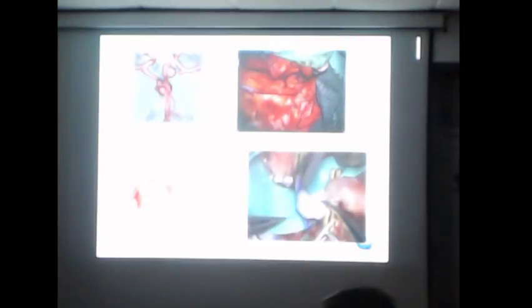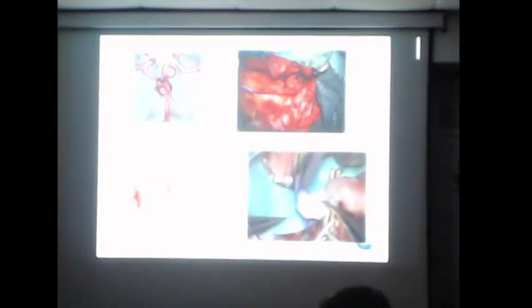And CT angiography showed the left side A1 is a kind of azygos artery supplying both right A2 and left A2, and right A1 only supplies the callosomarginal artery.